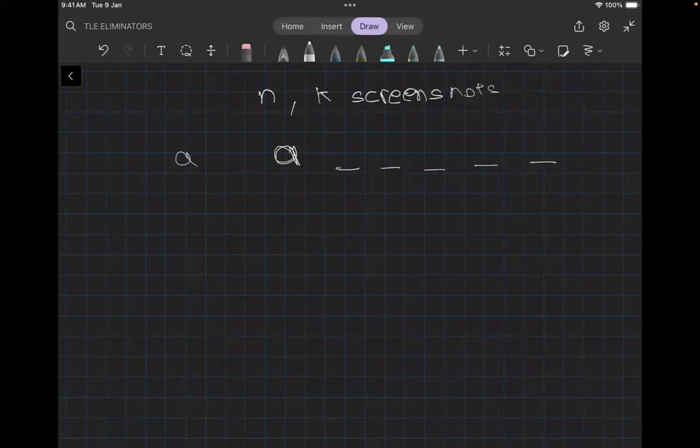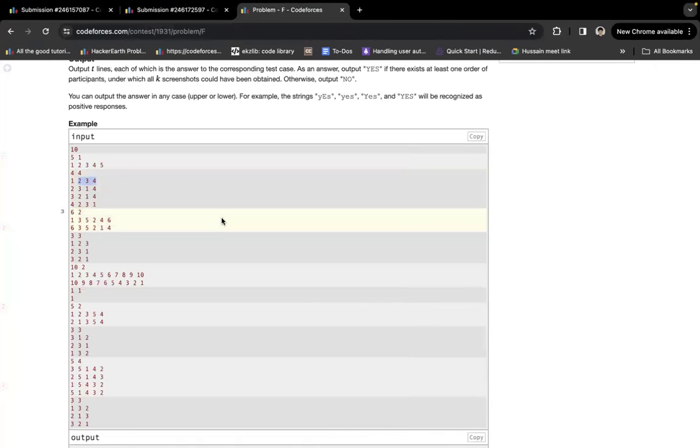The first element will be that person himself, and then whatever his screenshot was. What is our task? Our task is to know if it is possible to create an array or not. Is this much clear, guys?